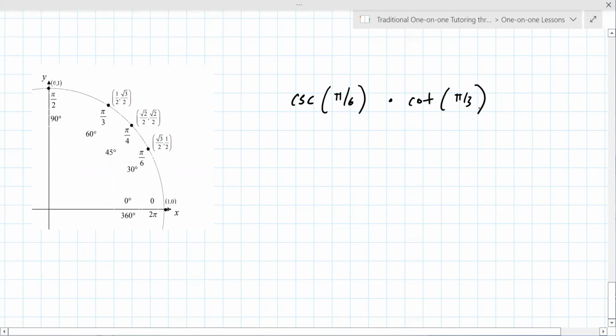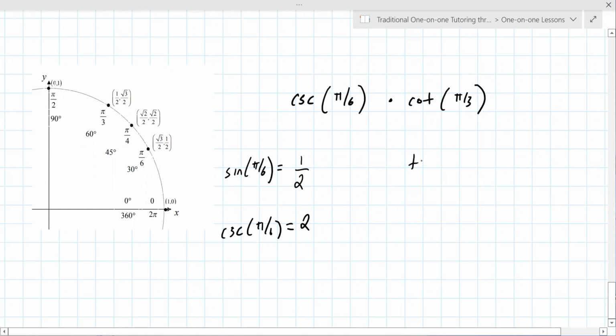Okay, so encoded in this question is, what is the sine of pi over 6? And you would say it is 1/2. So the cosecant is the flip of that. The cosecant of pi over 6 is 2. Great. Now we have to do the same thing for cotangent.